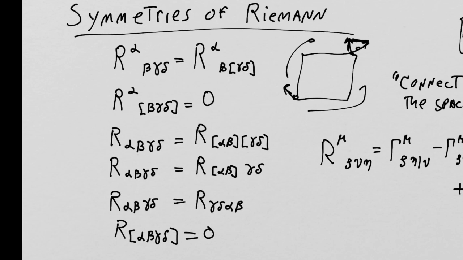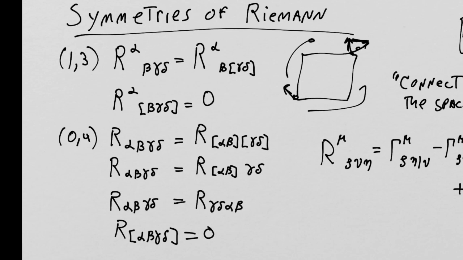Keeping in mind that we're now using the fully component language, right? So I say this mixed Riemann tensor. What I really mean is the components of a mixed Riemann tensor. And here I mean the components of a (0,4) Riemann tensor, and these are the components of a (1,3) Riemann tensor.